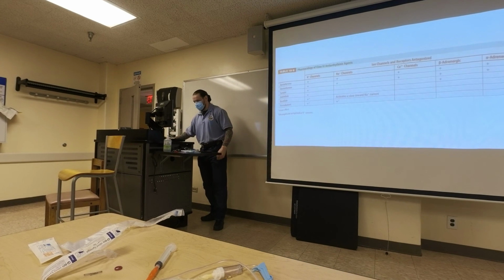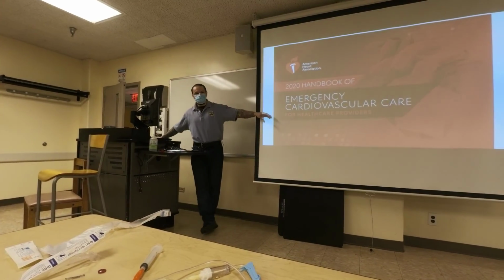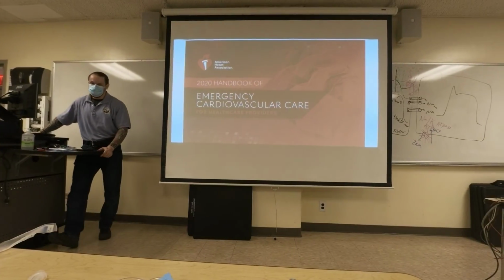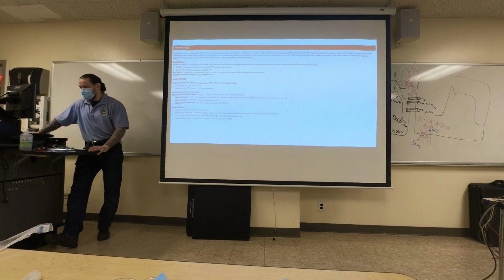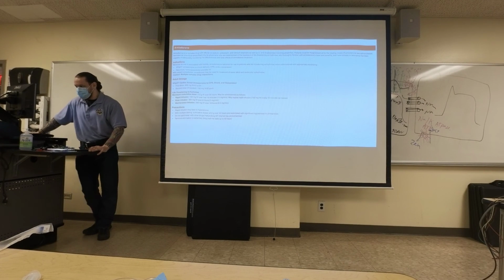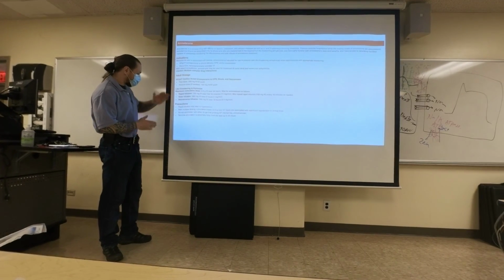It happens. All right. So guys, if you haven't bought this, you can get this book on the AHA site. It's in digital form. My advice to you is get it. It has all the indications and contraindications for this medication. So, amiodarone: we talked about indications and doses.